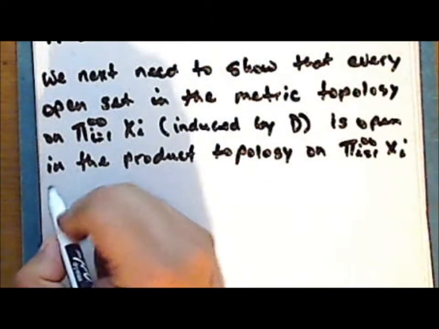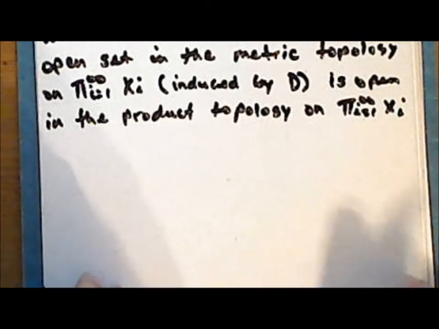And the converse, that every set open in the product topology is also open in the metric topology.